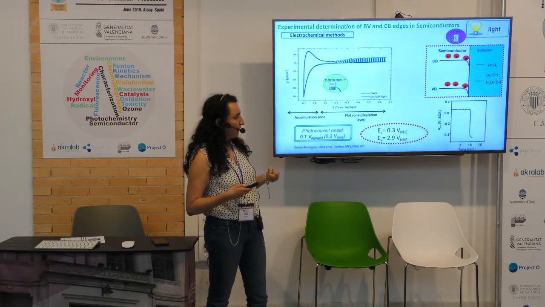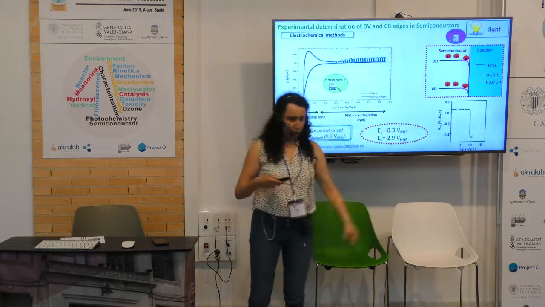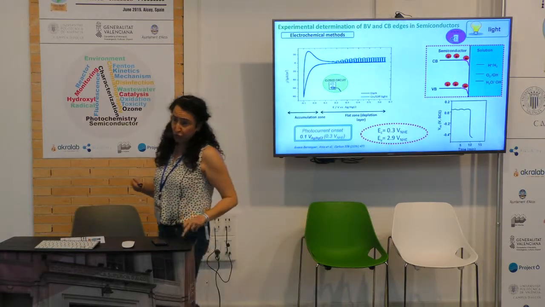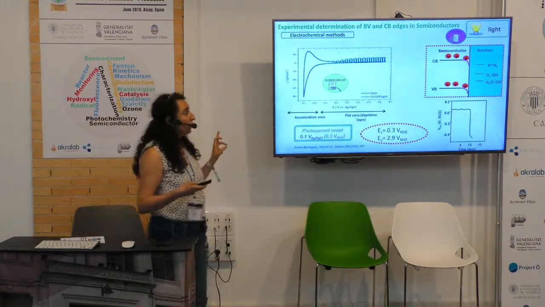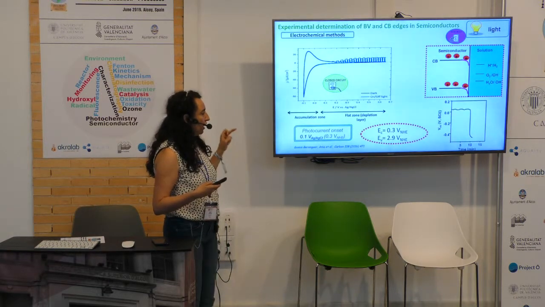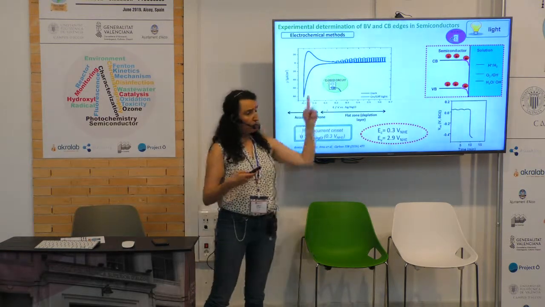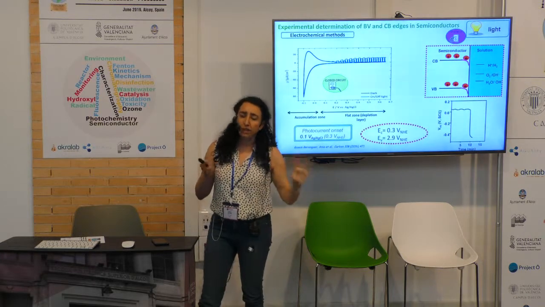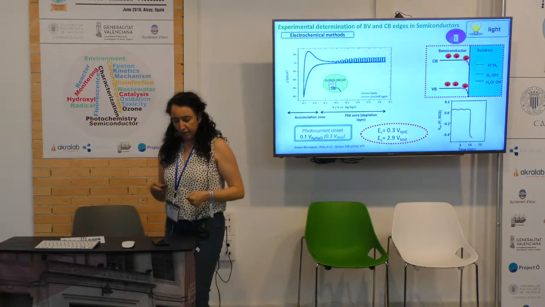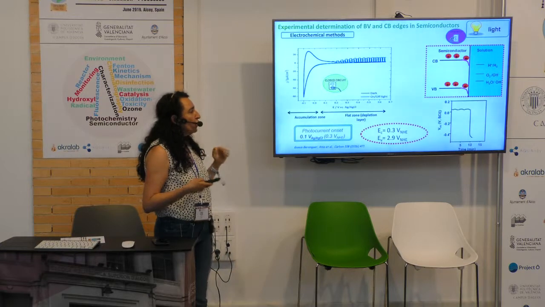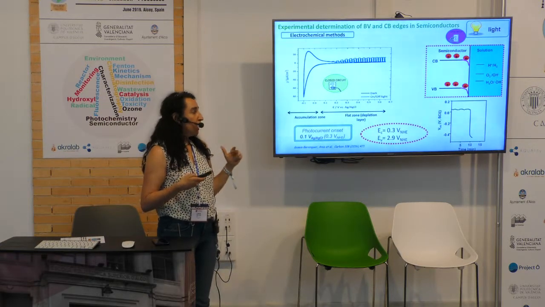And when you apply light, as you can see here, you see a drop in the potential. Once you measure it, you can calculate the potential corresponding to the onset of the photocurrent, which can be assimilated in most cases, although not for all samples, to the flat band potential.